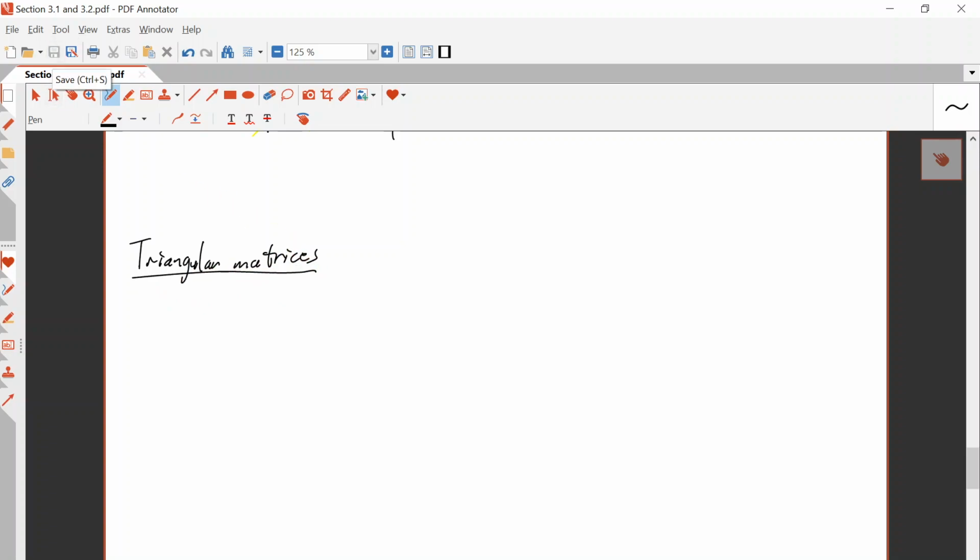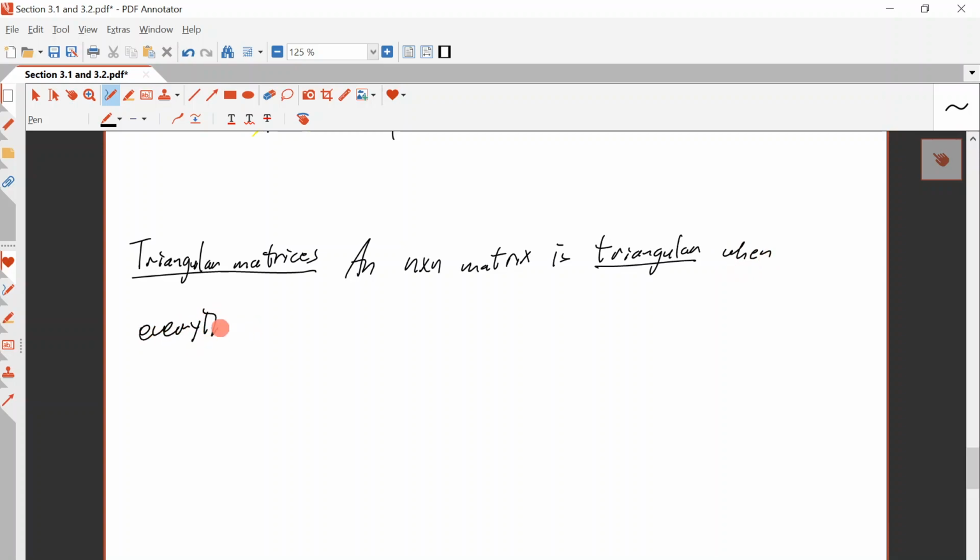Given a triangular matrix, so a matrix is triangular when everything below the main diagonal is 0.